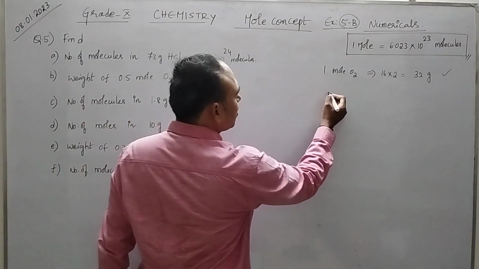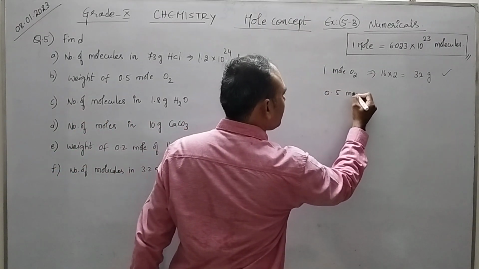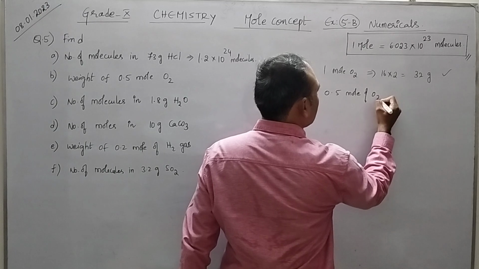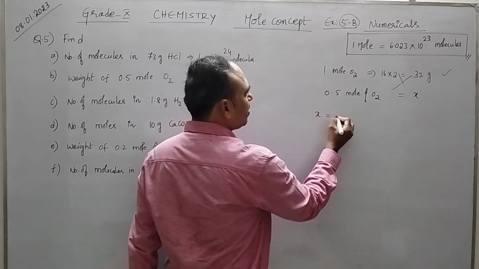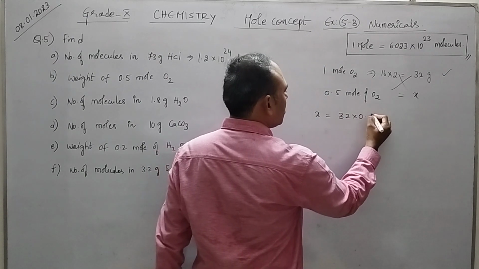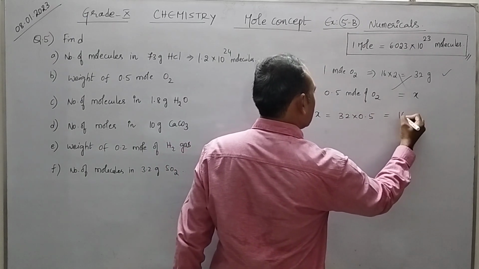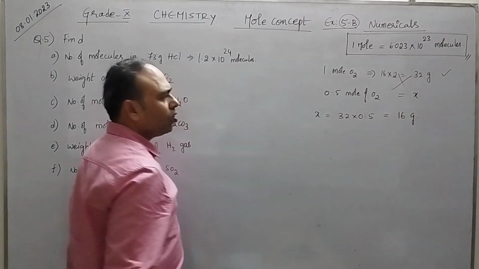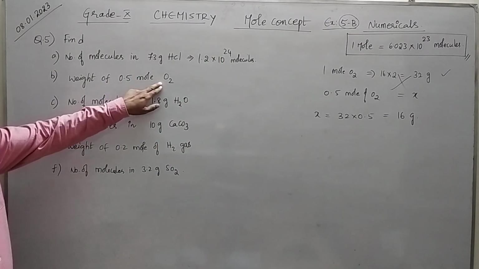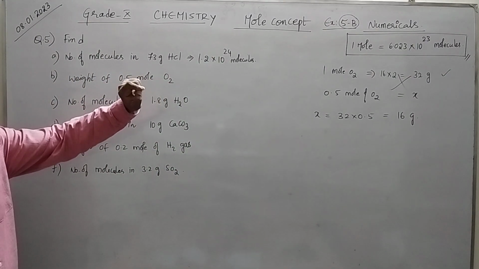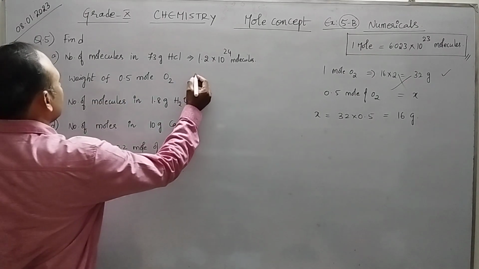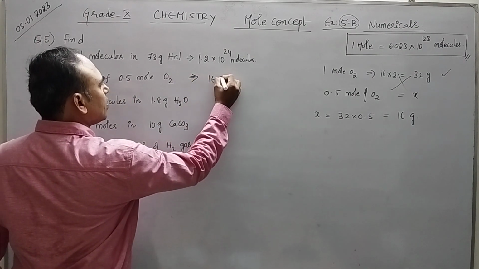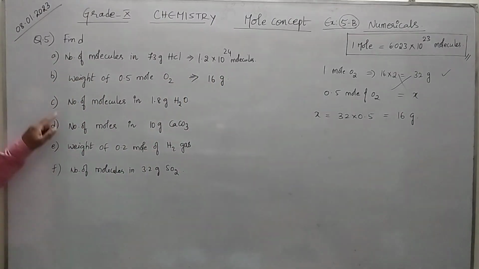Let us write like this. 0.5 mole of oxygen, take it as X, cross multiply. What you get? X is equal to 32 into 0.5, nothing but 16 grams. Hope you have understood this. So 1 mole has 32 grams, and half mole, nothing but 0.5, will have 16 grams. So here we can write the answer, 16 grams. Hope you have understood the second one.